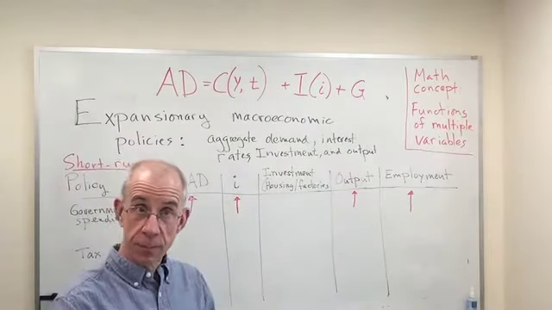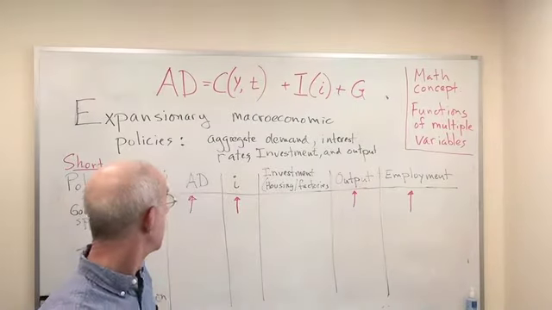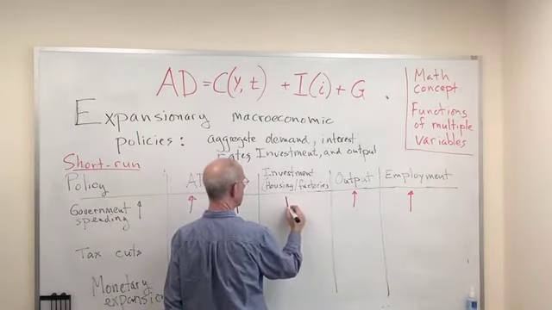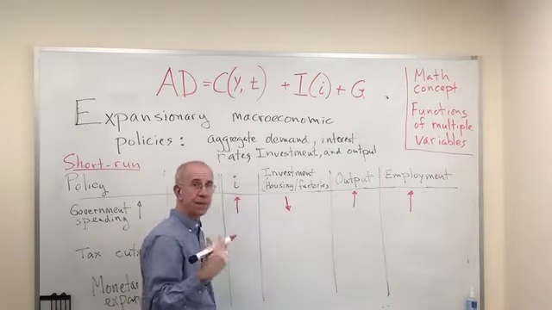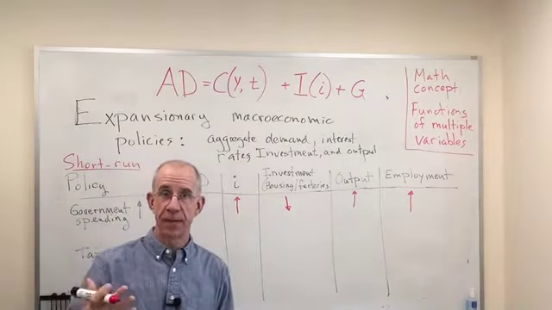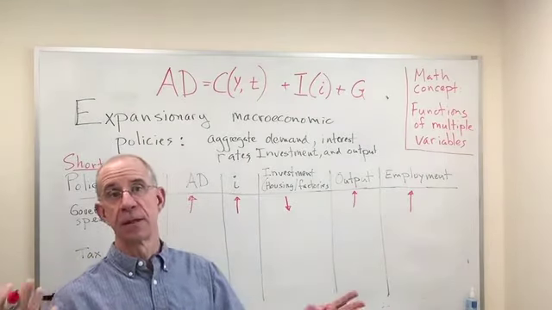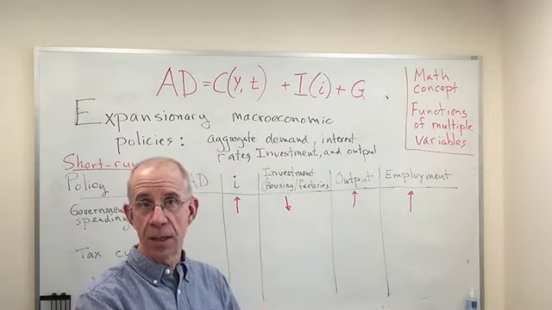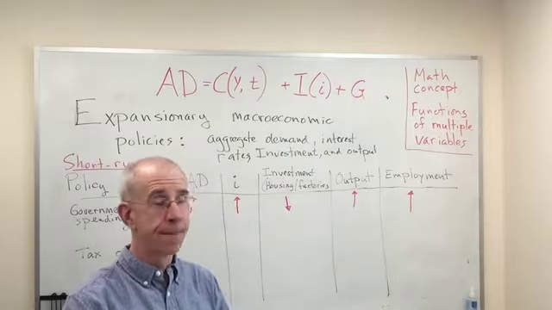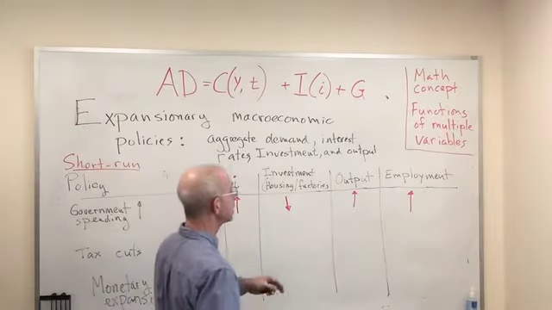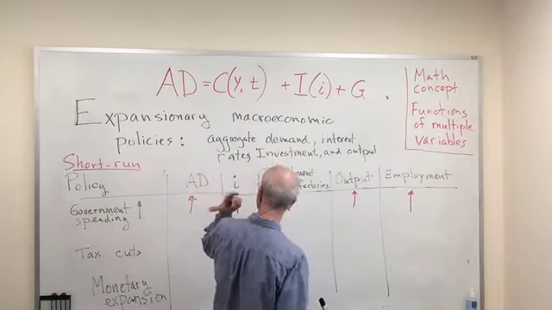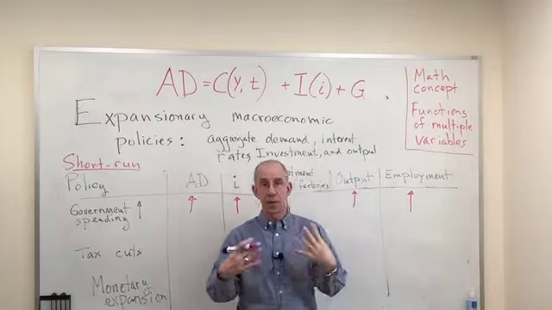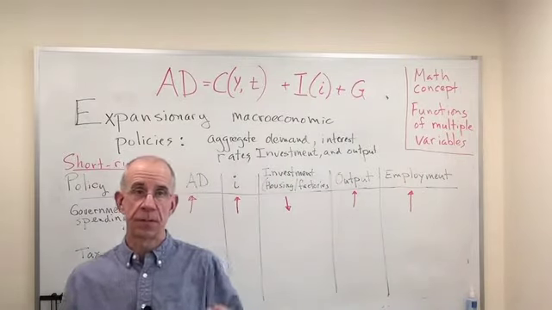More supply of bonds, lower prices of bonds, higher interest rate. That higher interest rate will choke off at least some of the expansionary effects of the government spending in the first place. Higher interest rates means it's more expensive to borrow to get a home, to expand your business. Okay? But in the end, in this simple short-run expansionary story, you're going to get higher output, higher employment with the expansionary government spending policies.